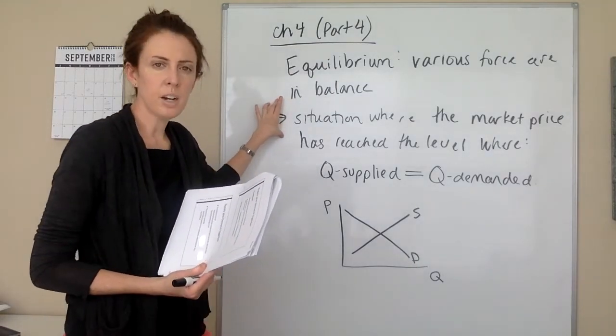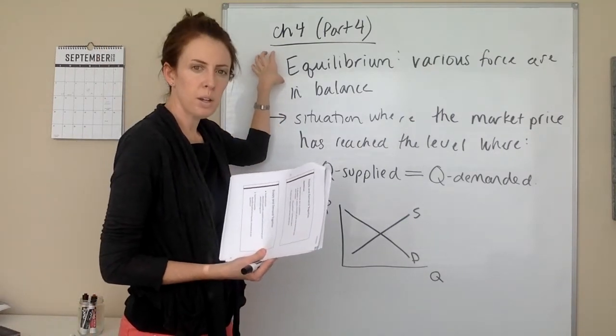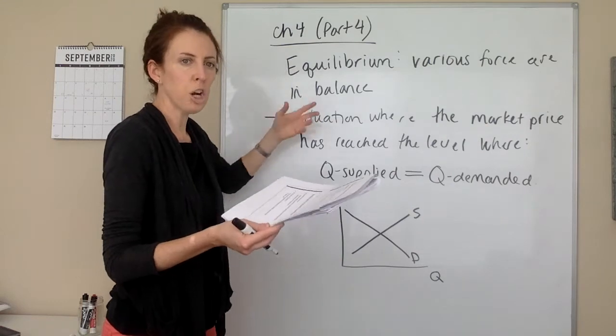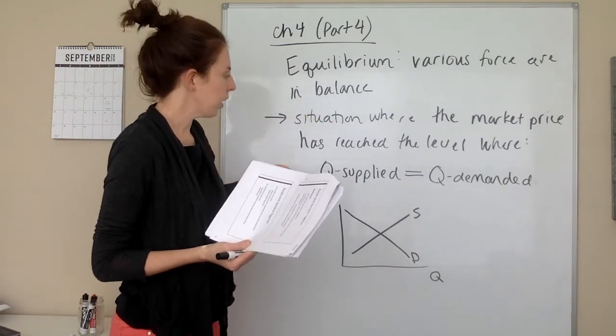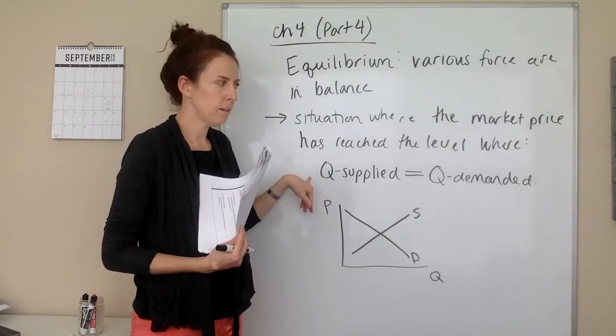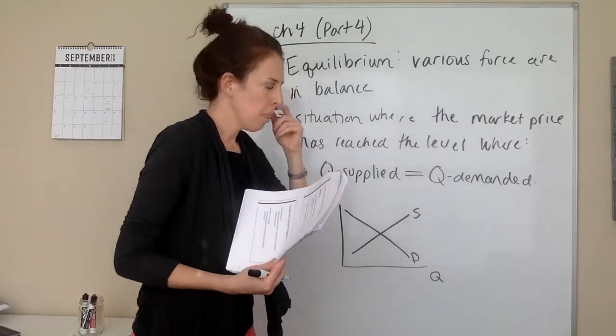What we have here says we will get an equilibrium in the market. We'll get the market to quit churning if we get to a scenario where the quantity supplied equals the quantity demanded. Specifically, we get there when the market price reaches that level.